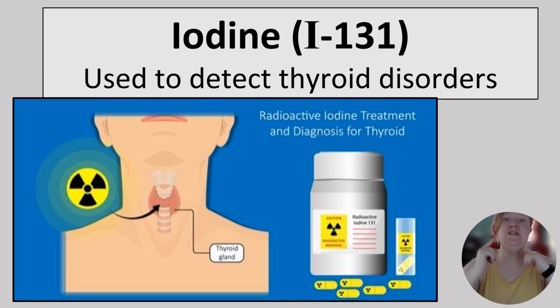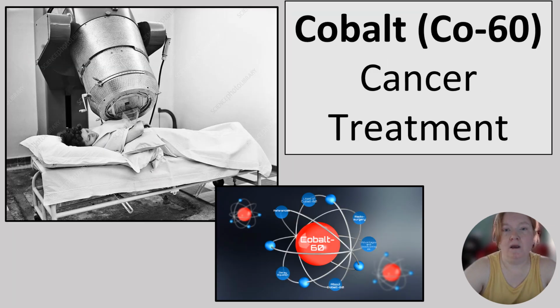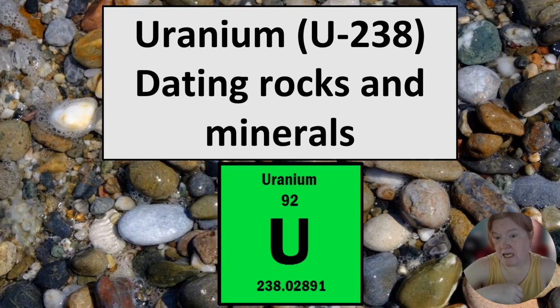Iodine-131 is used for your thyroid. So it's used to diagnose and treat thyroid disorders. Iodine, thyroid. Cobalt-60 for cancer treatment. Now, you don't necessarily have to remember that it's cancer treatment, just that it has to do with cancer. Uranium-238, that's for dating rocks and minerals.